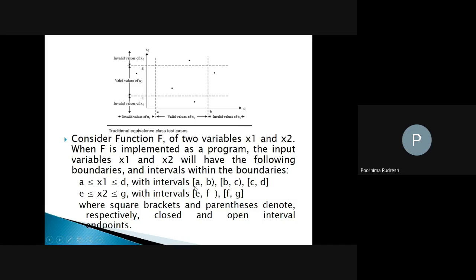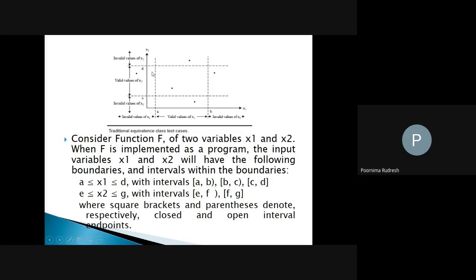And so these are the test cases constructed for the equivalence class.